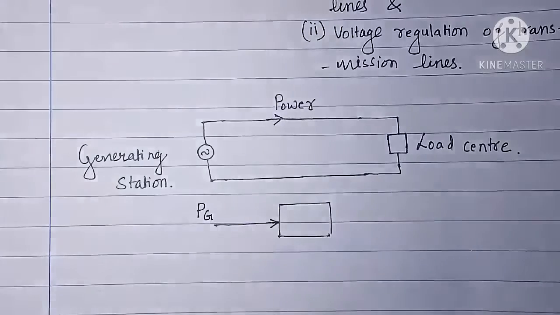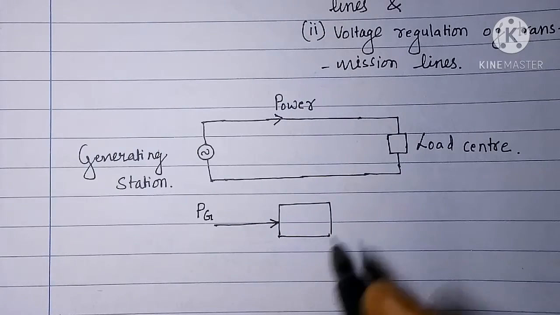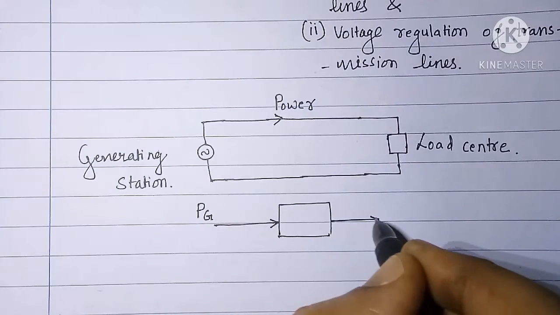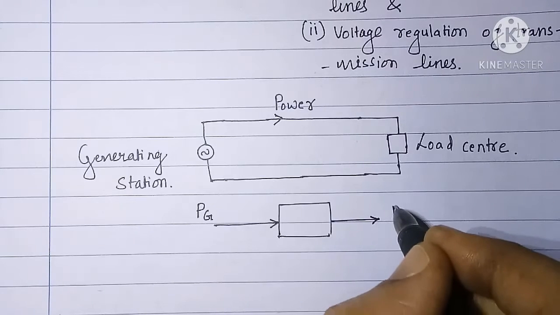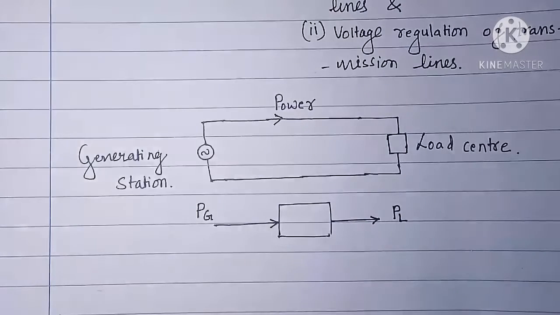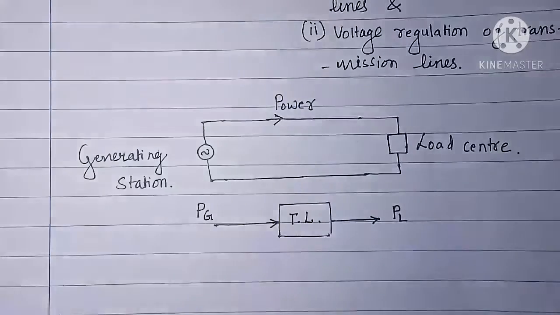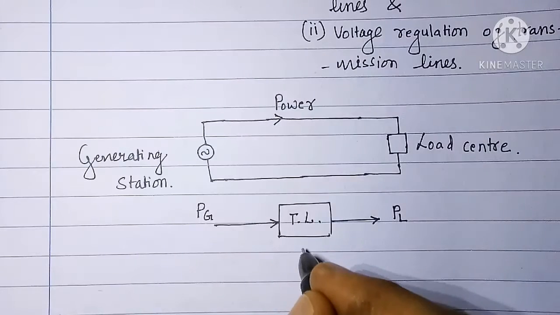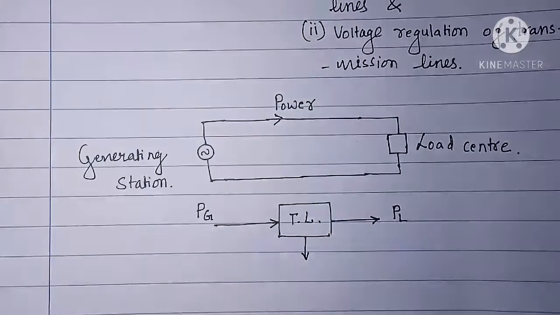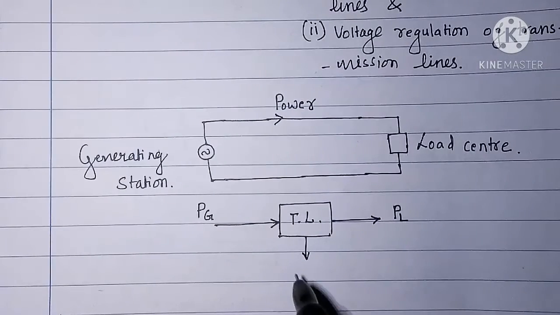Generated power PG, load center power PL, this is transmission line, and some power is lost, that can be shown as P loss.